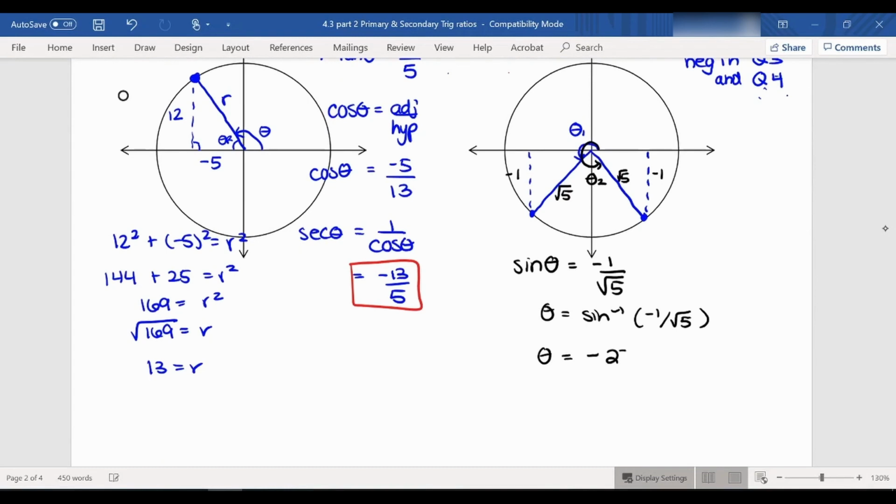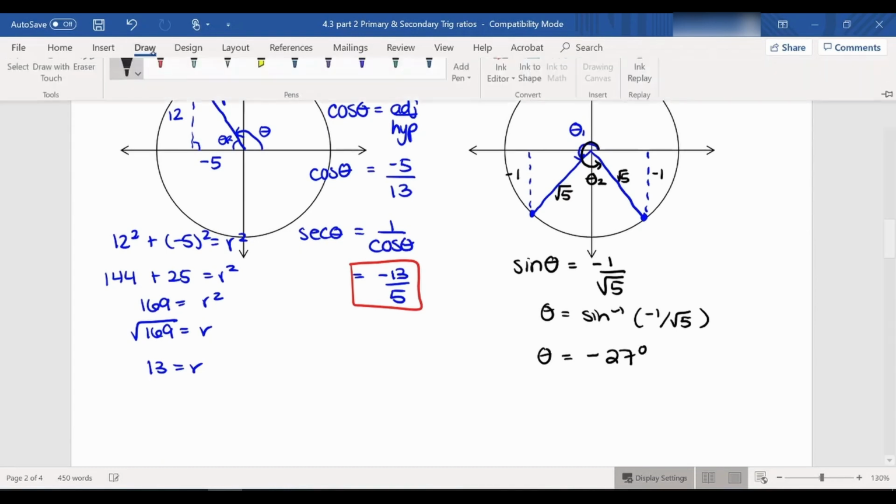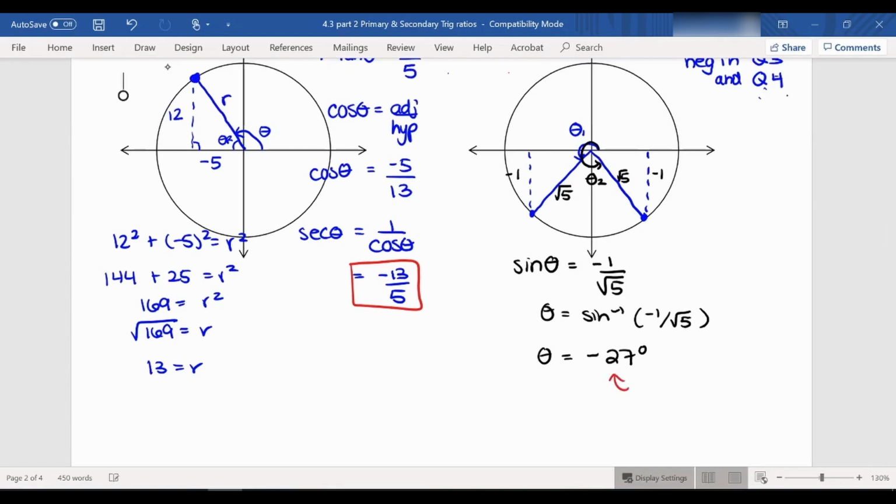We're going to get -27 degrees. So this would be in quadrant 4. And this means that our reference angle is 27 degrees because our -27 would be going this direction. So if our reference angle is 27 degrees, that means this angle here is also 27 degrees.